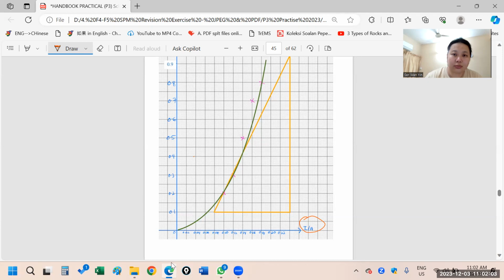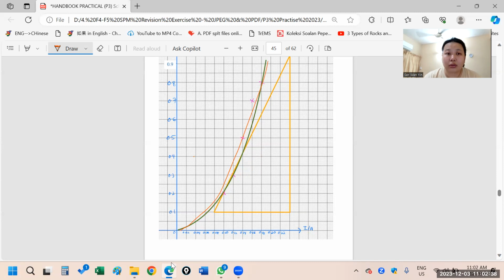Okay, something like this. And if you find out this part is not so good, I rub and redraw. I cannot do it like that. You rub all. But don't erase out your plot line, okay? And you erase all. You do it again. This one is better, something like that.